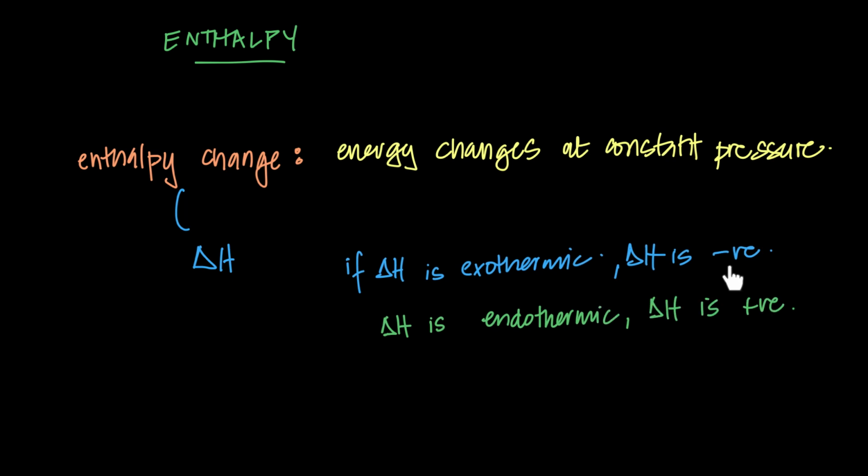Now this is not because enthalpy is a vector quantity; it is because we have denoted these as symbols to represent whether energy is being converted from one form to the other or the other way around. So basically, if a reaction is exothermic, its delta H will be negative. If a reaction is endothermic, its delta H is positive. Now we will look into the exothermic and endothermic reactions in more detail.